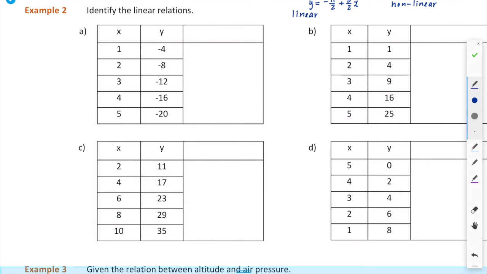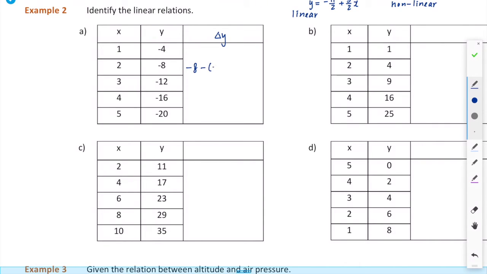Example 2. So let's identify whether these relations shown on the table of values are linear or nonlinear. We don't want to make graphs if we don't have to. So let's calculate the delta y, the first difference.